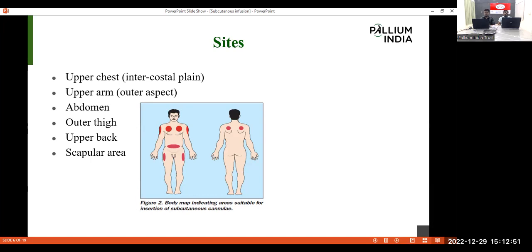So it's easier to educate them and for them to practice. So the upper arm and outer thigh, most of the time, we will choose for giving the injection. If that area is not possible for giving injection, only then will we choose other sites. Totally, these are all the sites where we can give the injections subcutaneously.